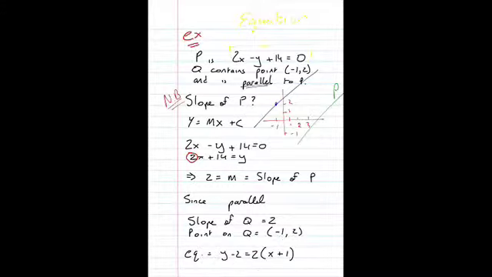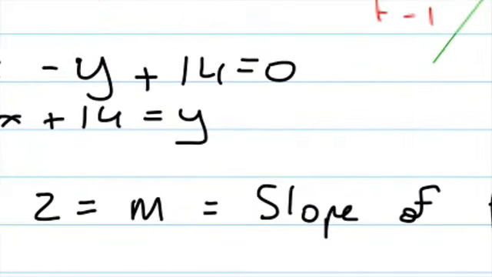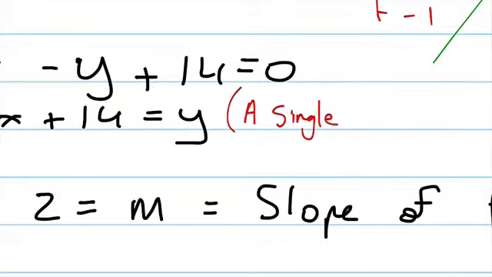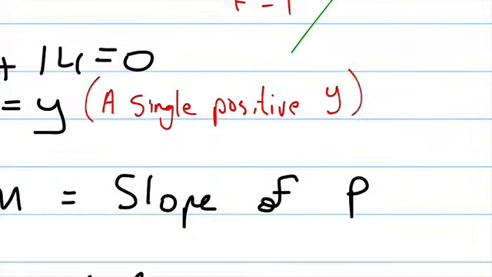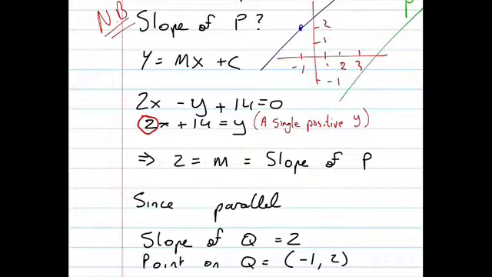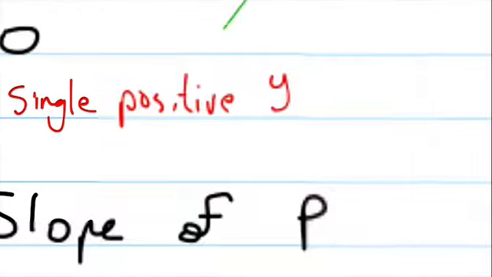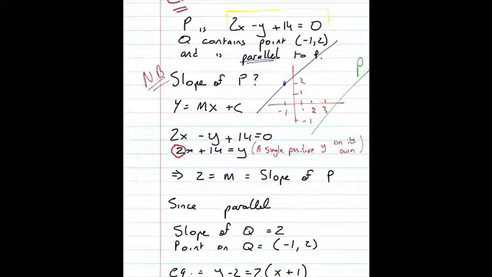What we have to do is we have to get y. We need to get a single positive y on its own, and everything else on the other side.